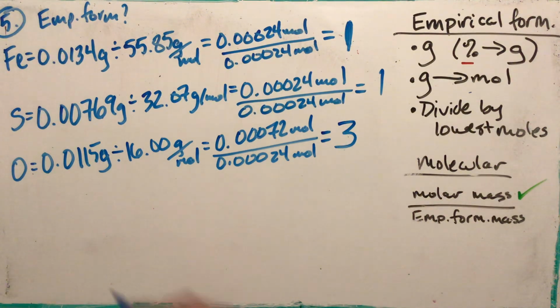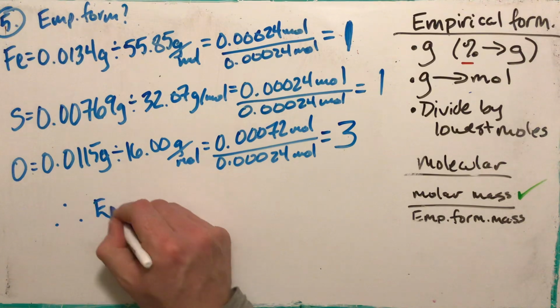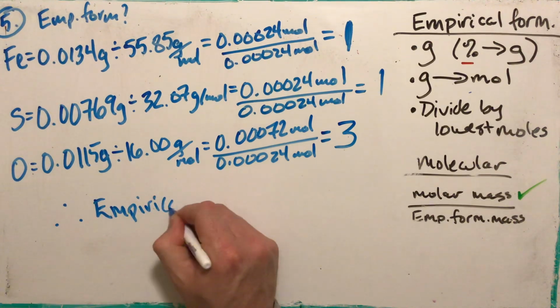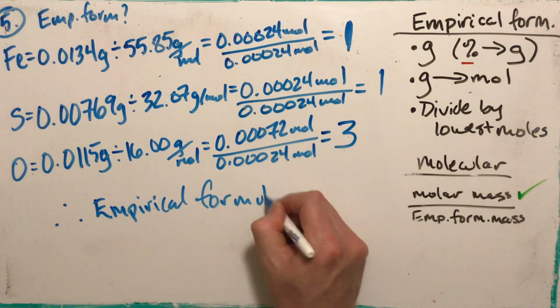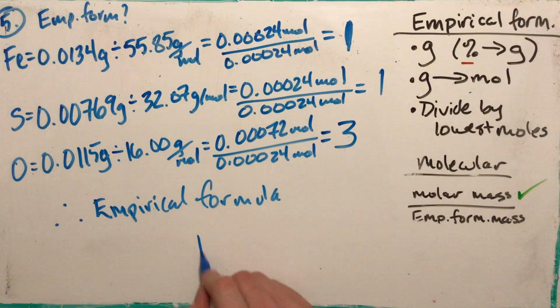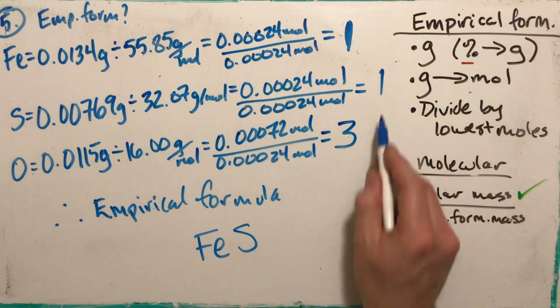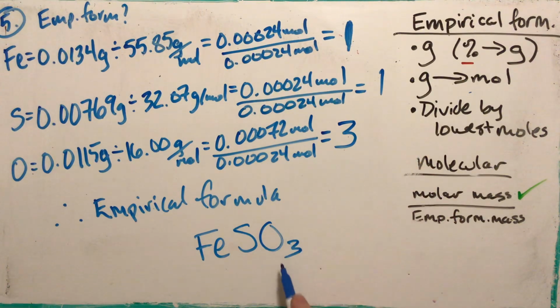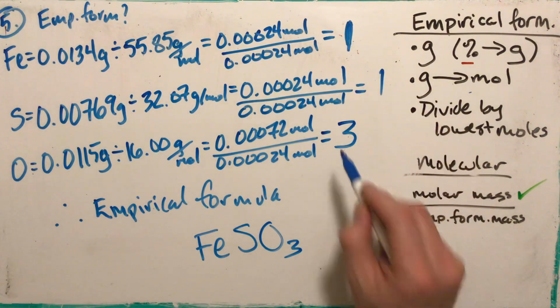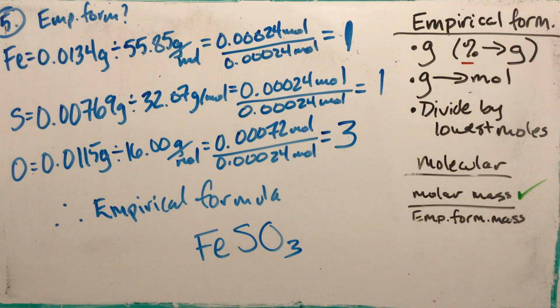All right. So therefore, our empirical formula is FeSO3, 113, 113. All right. Now, a little hint. This one's ionic. It's a metal and a polyatomic ion, so it's an ionic.